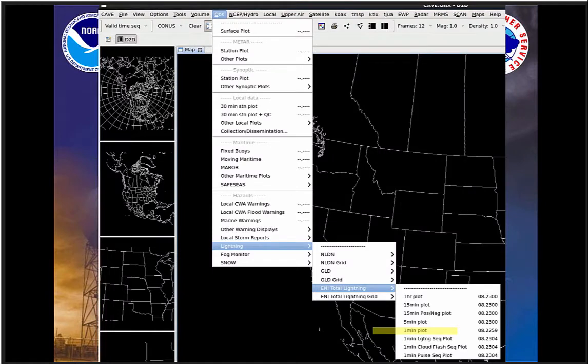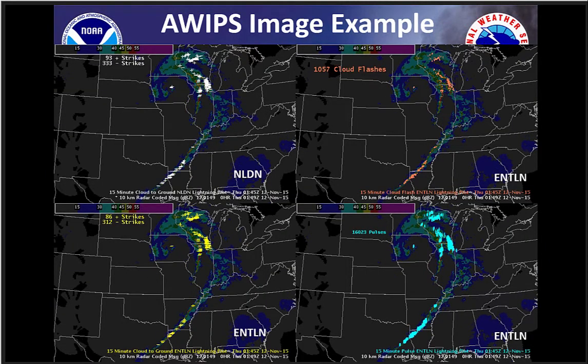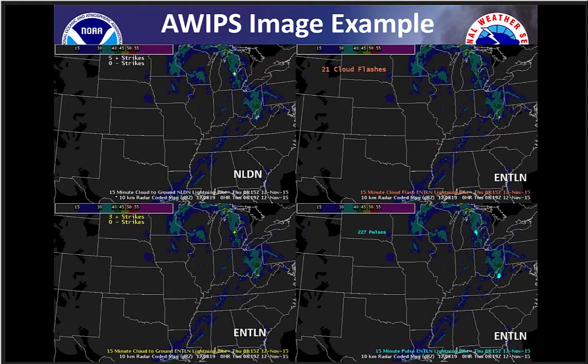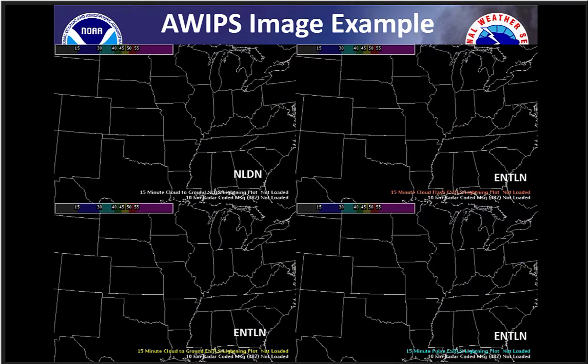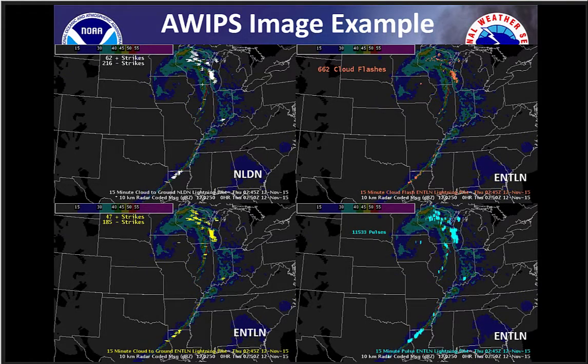So in AWIPS, your menu system looks something like this, where you have the ENI total lightning, and then you have both a plot menu and a grid menu. Here's an example just showing a 4-panel, and for people just getting used to the Earth Networks data, this is a good way to start out, is to compare the Earth Networks data with the NLDN or other lightning data that you may have access to.